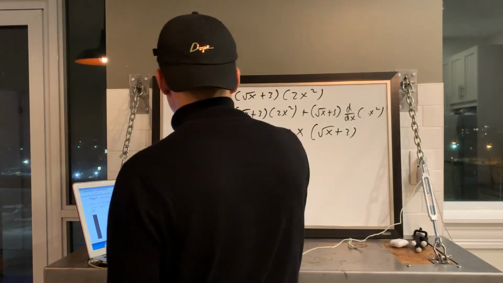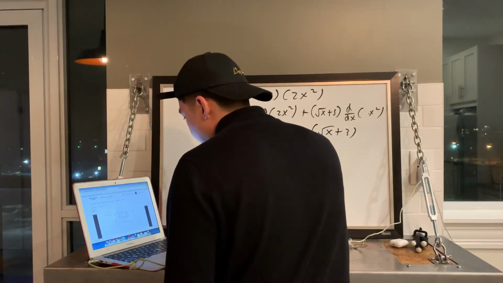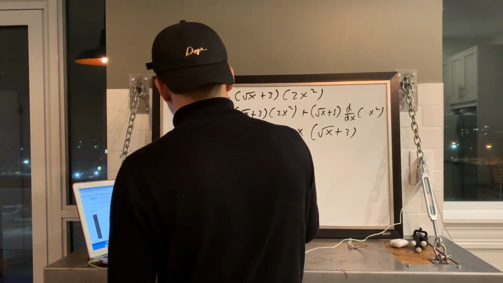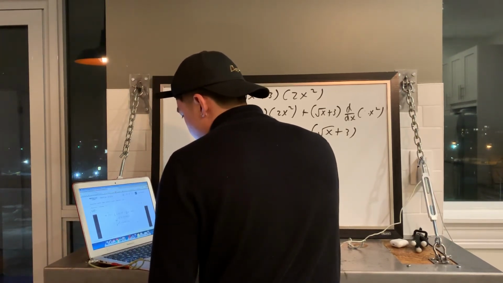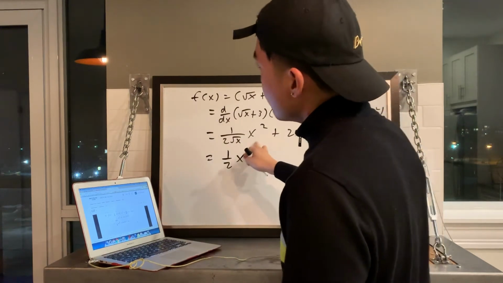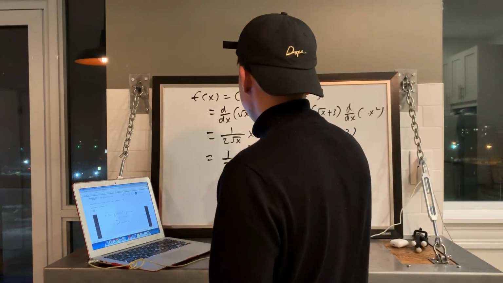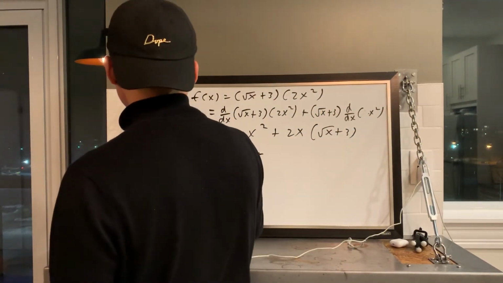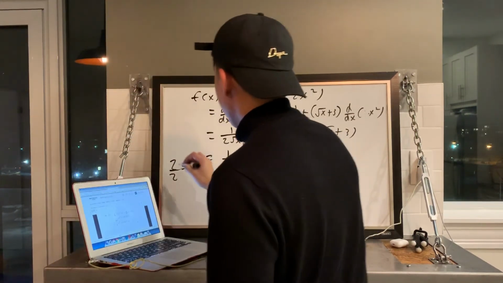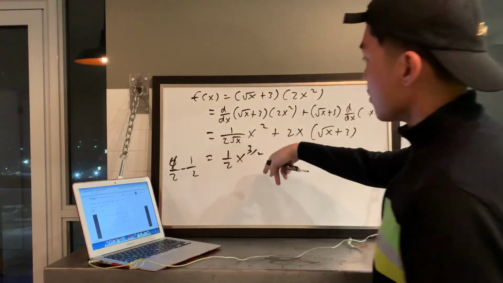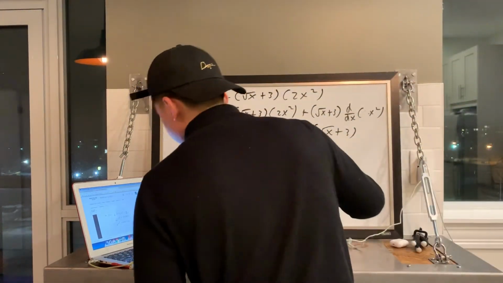Then if you smash it all together, you'd have 1/2 x to the 3 over 2, because you'd have 2 minus 1/2, which is 3 over 2. Actually, 4 over 2 minus 1 over 2. You have 3 over 2 right here.